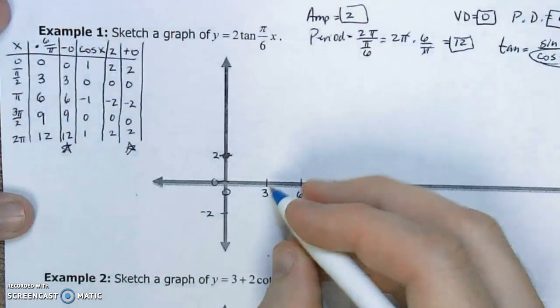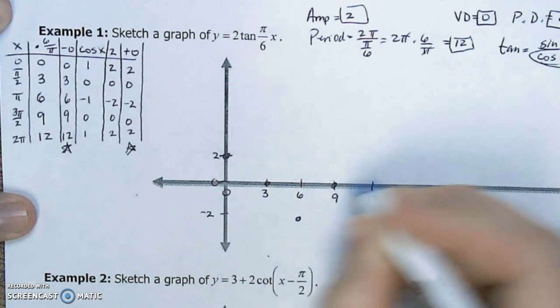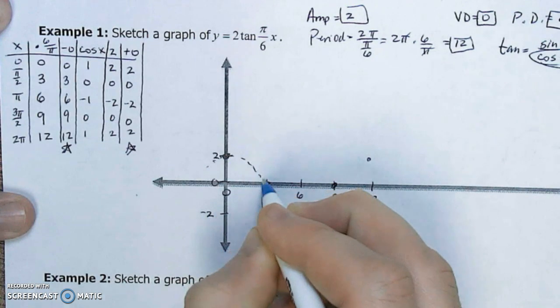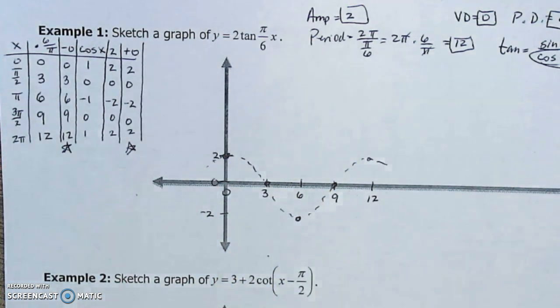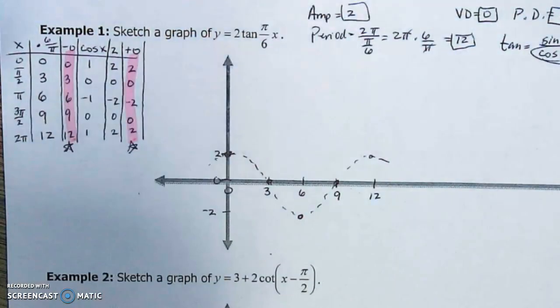And then at 3, we have a point at 0. 6 is at negative 2. 9 is at 0. 12 is at 2. And we make a dotted cosine curve, because this is not really the graph we want. We want tangent. So we graphed those points, and now we have this dotted cosine graph.